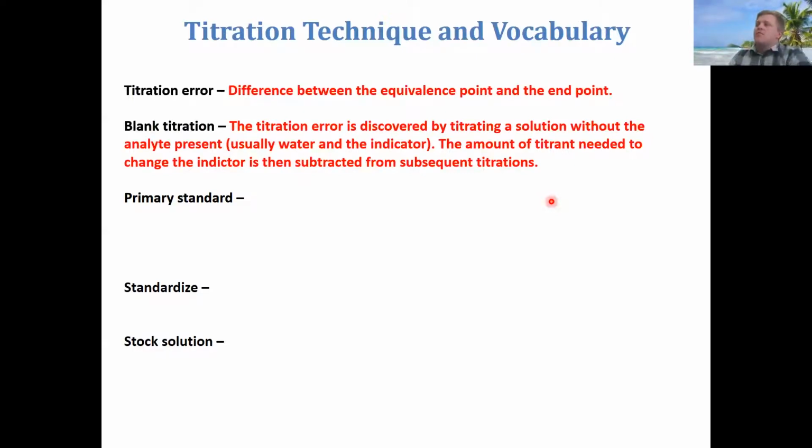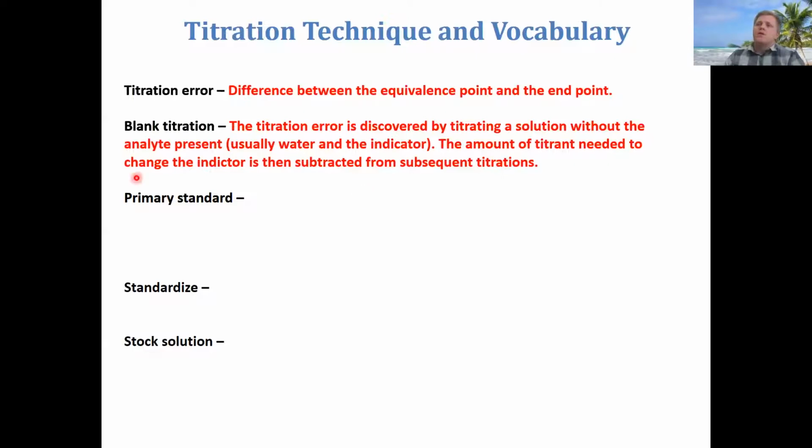And then the amount of titrant needed to change the indicator color is then subtracted from subsequent titrations. So the amount of titrant you need to use to get your indicator to change color in your blank titration, that volume is then subtracted from the volume that you use for your other titrations. That's known as your titration error. So you're correcting for it.